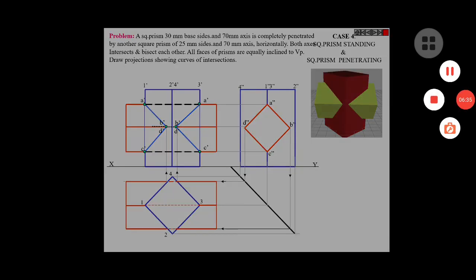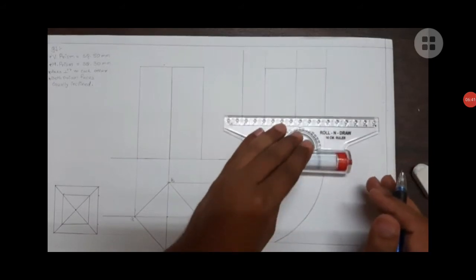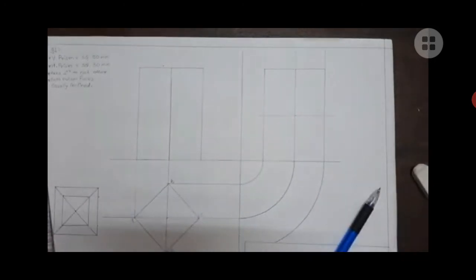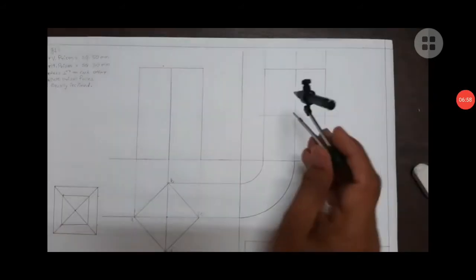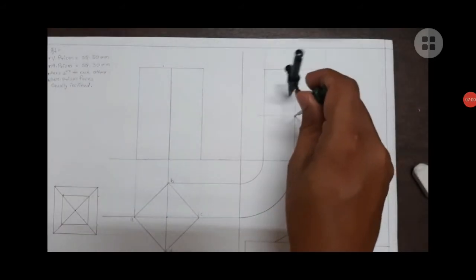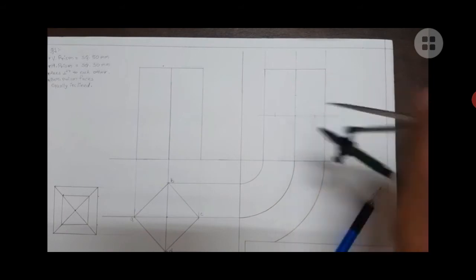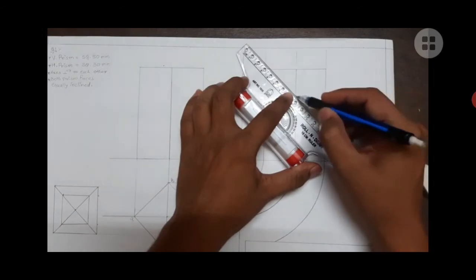So let's see the problem. Firstly draw the prism of 30 mm, another square of 30 mm, perpendicular to each other. Then draw the side view and front view of the objects. Then draw the other square, mark these points and join these points.